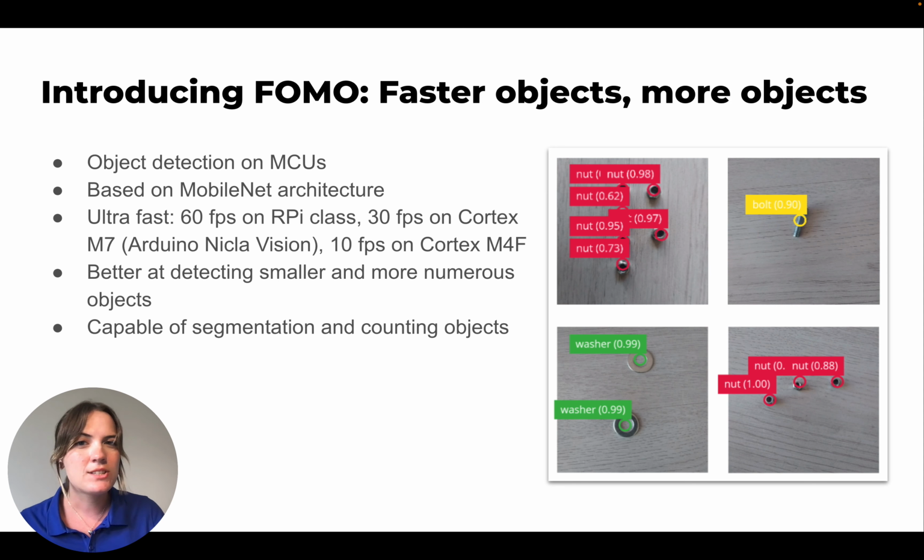We've run it on various targets and see very high frames per second, almost 60 frames per second on a Raspberry Pi, or 30 frames per second on a Cortex M7, like the Arduino Nicla Vision. It's really good at detecting small and more numerous objects like nuts and bolts, and it's capable of segmentation and counting the number of objects that are present in the image based on the classes that you've trained for your model.